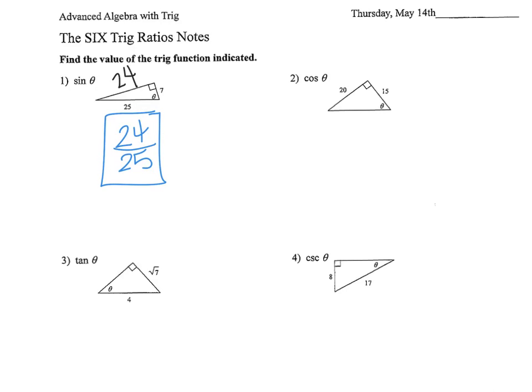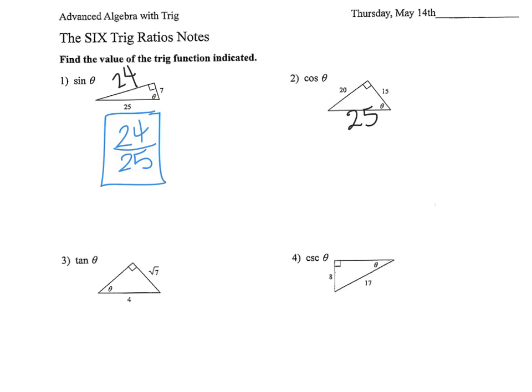The second problem is asking us to find cosine of theta. Here's theta. Cosine is adjacent over hypotenuse. And again, I don't have the hypotenuse, so we need to use the Pythagorean theorem to find it. The Pythagorean theorem gives us 25, I believe, for the hypotenuse.